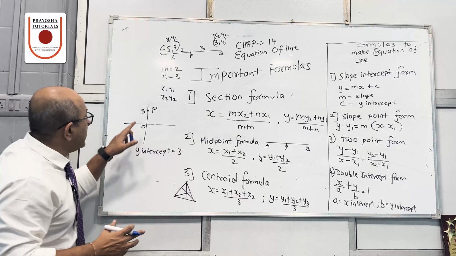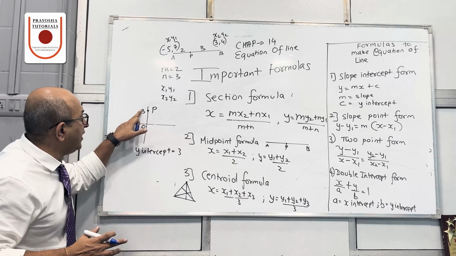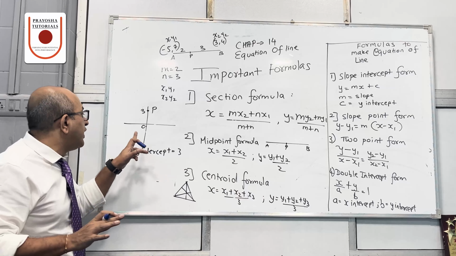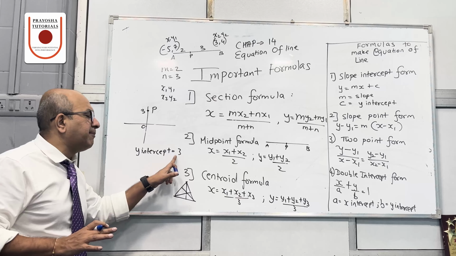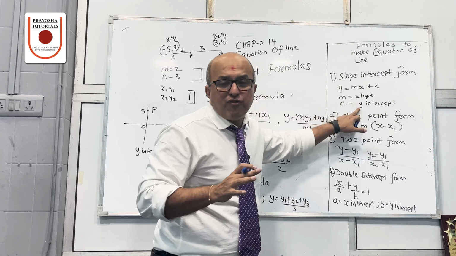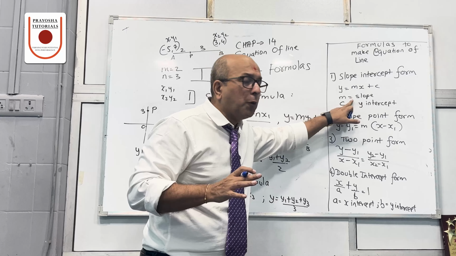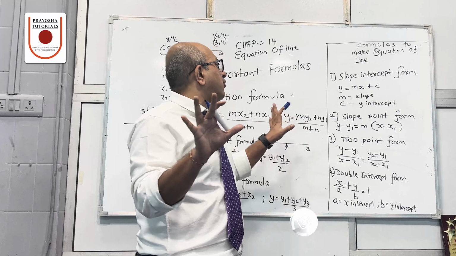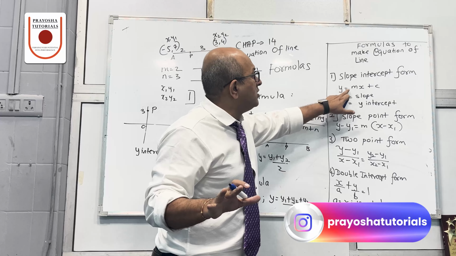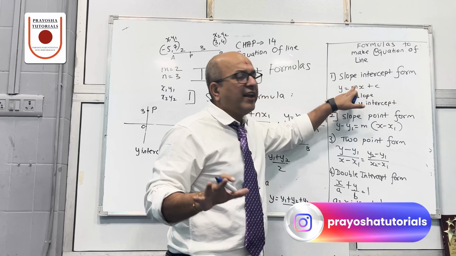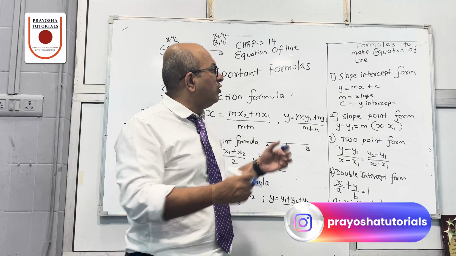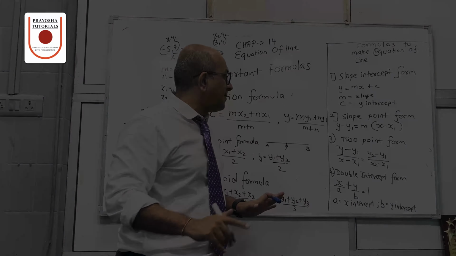Y-intercept is the distance of a point on the y-axis from the origin. So we call the y-intercept as 3. Now, when you have the y-intercept and the slope, you have to use this formula, slope-intercept form. So, y is equal to mx plus c. The value of m is the slope, the value of c is the y-intercept. Just fill in the blanks.